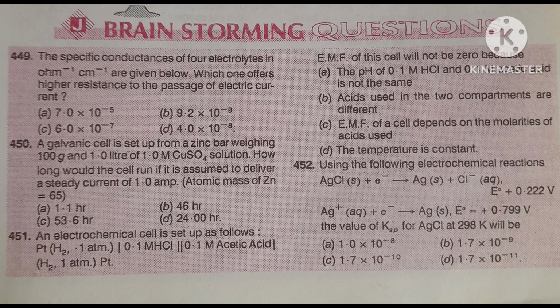Atomic mass of zinc is equal to 65, which is given. First option is 1.1 hour. Second option 46 hour. Third option 53.6 hour. Fourth option 24.0 hour.